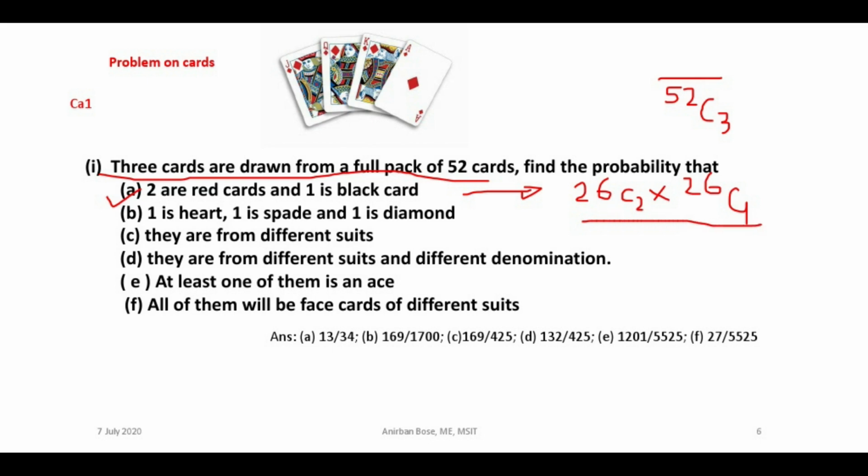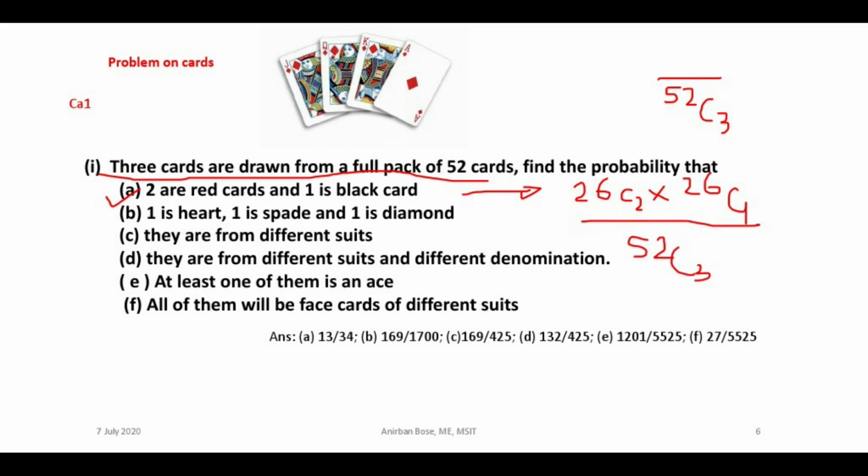Now how to simplify this? The answer will be over 52C3. I am showing you the technique of simplifying this.